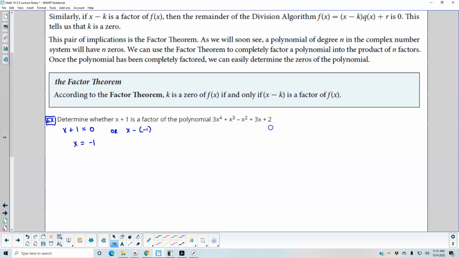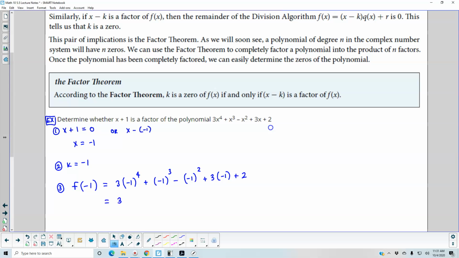And so now we're going to use the remainder theorem. In step number 2, we know the value of k then is negative 1. Instead of using synthetic division, we can use the remainder theorem by using negative 1 as the input of the function. So it's going to be f of negative 1, and then plug it into the function. It's going to be 3 times negative 1 to the fourth power plus negative 1 to the third power minus negative 1 to the second power plus 3 times negative 1 plus 2.